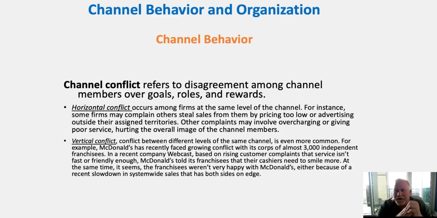We'll talk about franchises in a minute, but an independent franchise is one that has paid for the right to distribute McDonald's, and they are not officially part of McDonald's, but they're a franchise that owns the right to distribute McDonald's products. So those McDonald's that are out there that are independent, they're not company owned, but they're independent franchises.